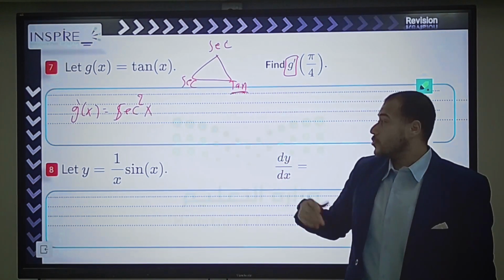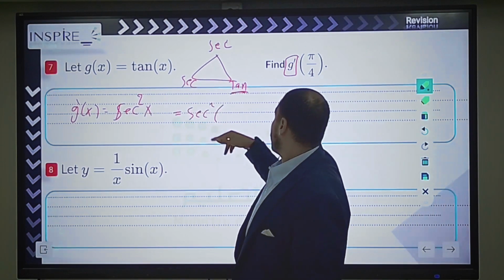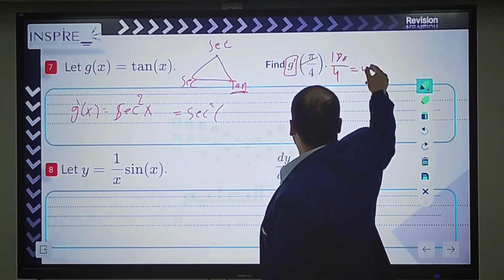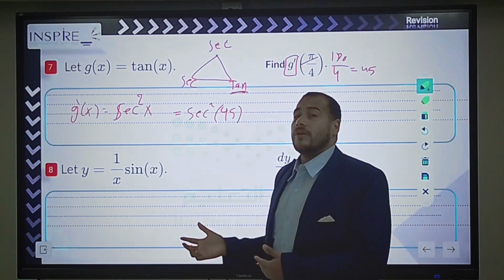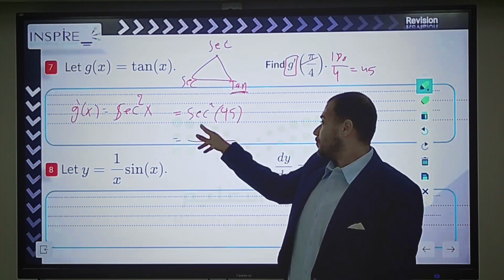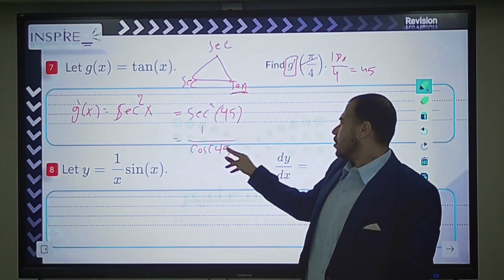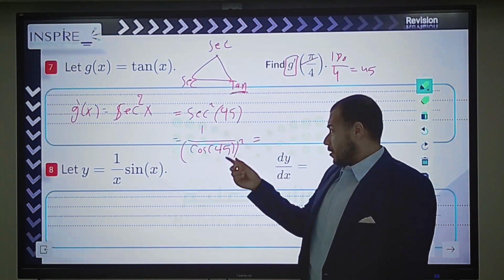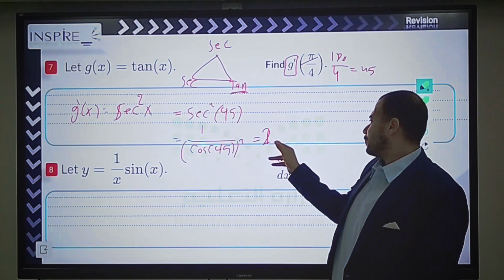Then plug in pi over 4, so it will be secant squared pi over 4. Remember to change pi to 180, so 180 over 4 equals 45. So this one will be 45 degrees. And we don't have secant on our calculator, so we use the reciprocal of secant, which is 1 over cosine squared. You can get cosine of 45 and then square it. So this one will be root 2 after the square.